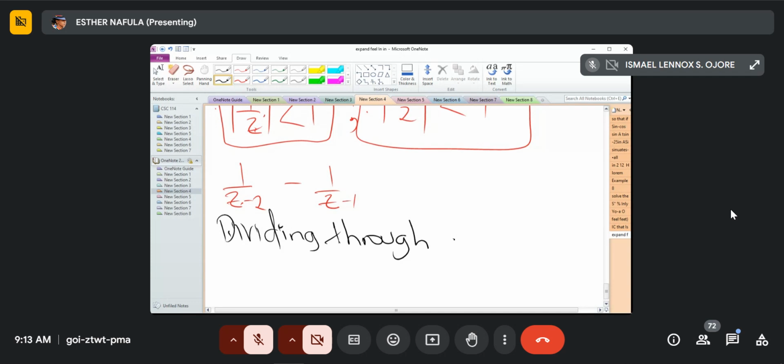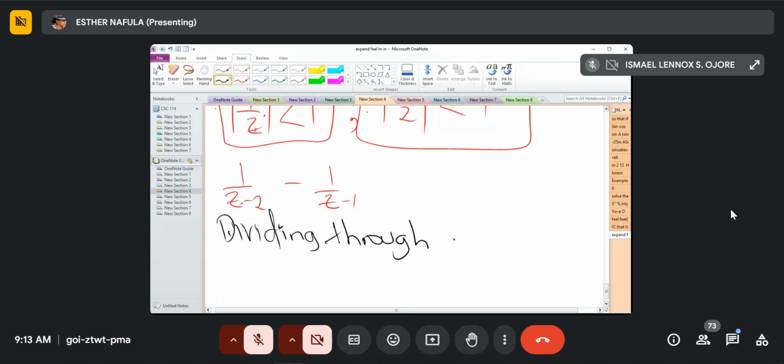For the first fraction, yes, we'll get 1 over 2 over z over 2 minus 1. But does it look like 1 minus z? Yes, it does.